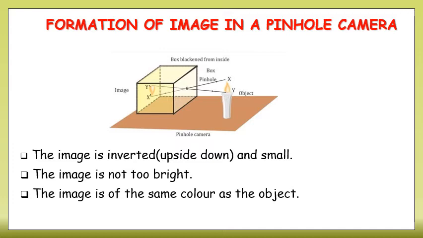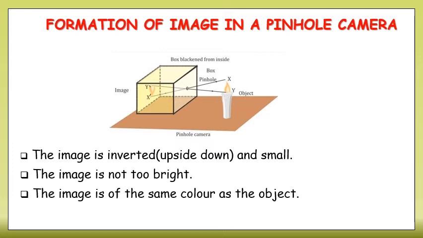For this, students, just look at the given picture. You can see that the light from the upper point X of the candle flame passes through the pinhole and strikes the translucent sheet at X dash.